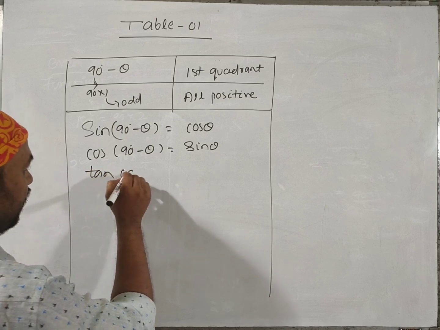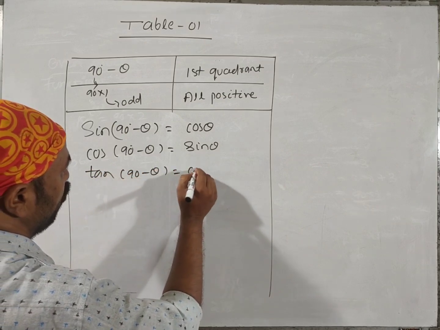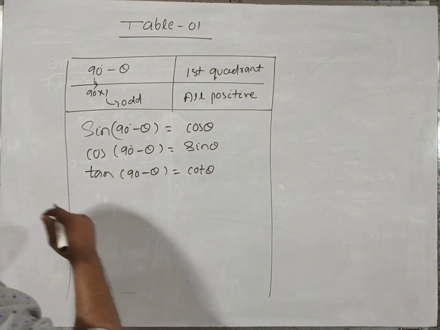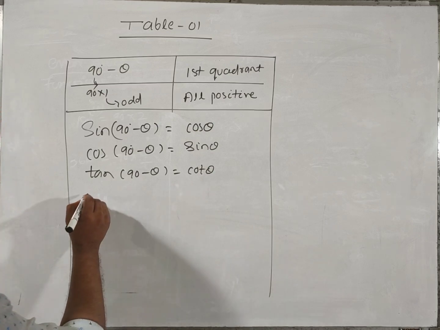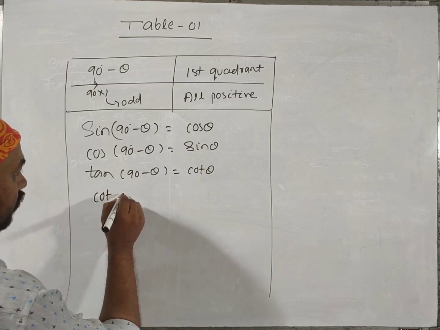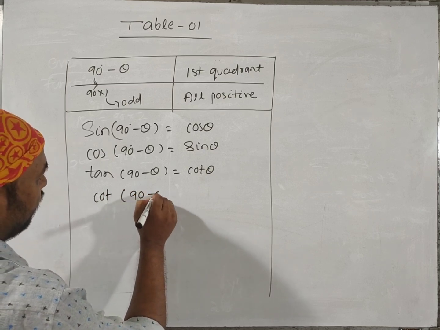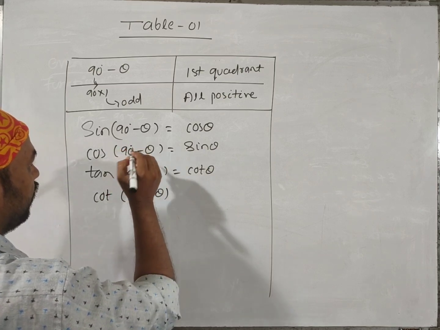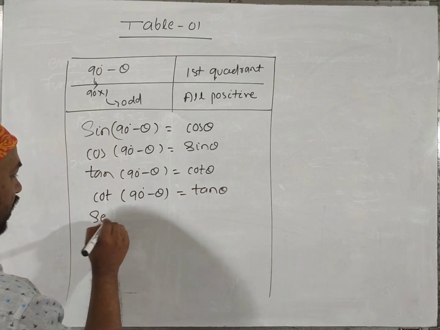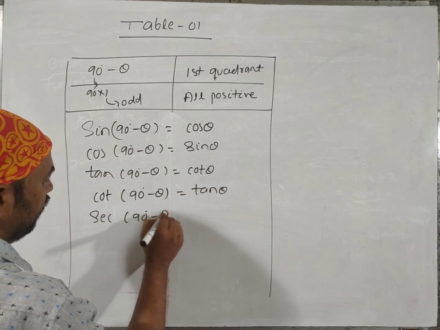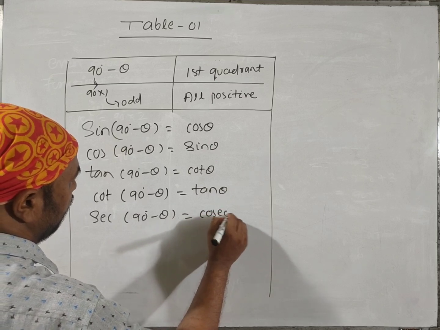Tan 90 minus theta is cot theta, plus cot theta, because there is no negative sign here. Cot 90 degree minus theta is tan theta. Then sec 90 degree minus theta will be cosec theta.